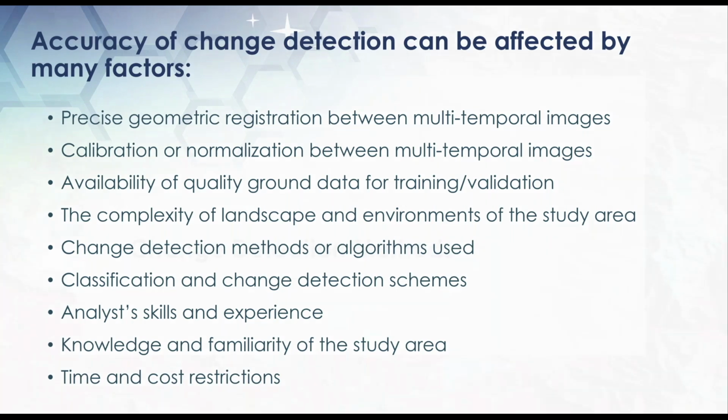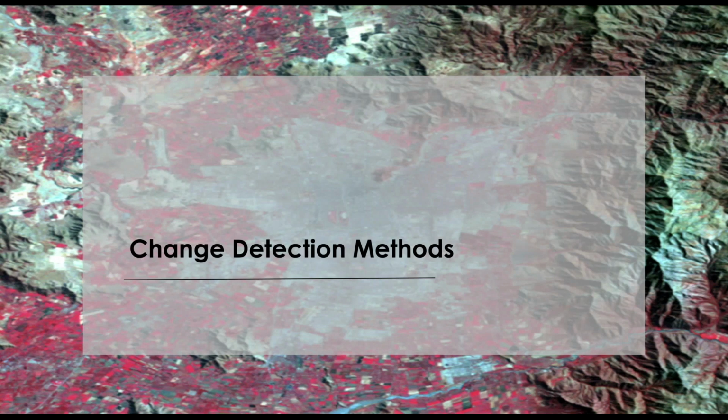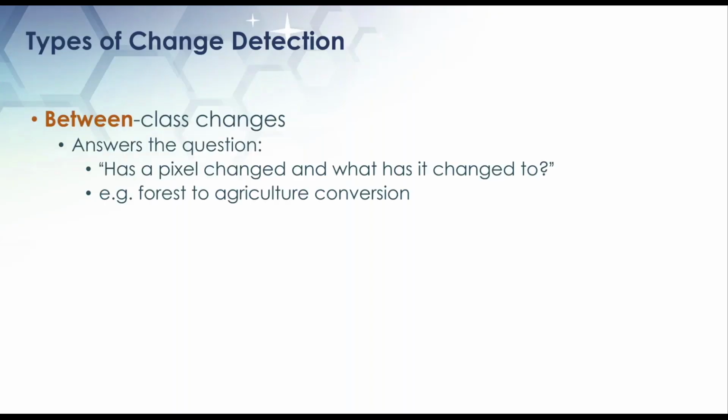So next I'm going to talk about a few methods used for doing change detection using satellite imagery. There's a couple different types of change detection when you're working with satellite imagery. One set of change detection types are between class changes.